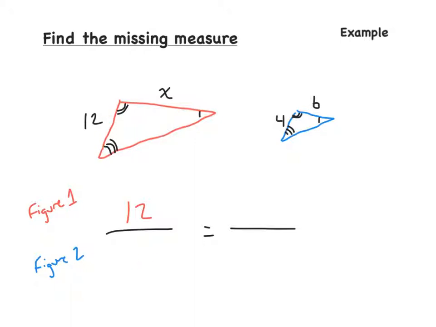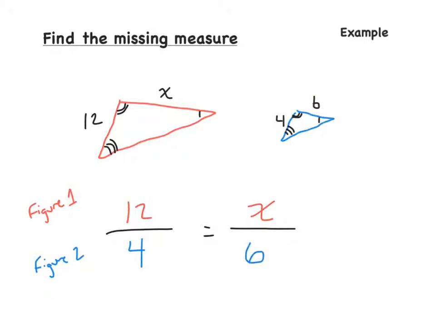The corresponding side is 4. Now remember we're still sticking with figure 1, so if we already used 12, we need to put x up here. The corresponding side that goes with x in the blue one is 6.